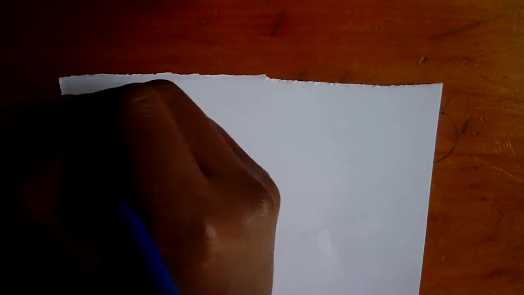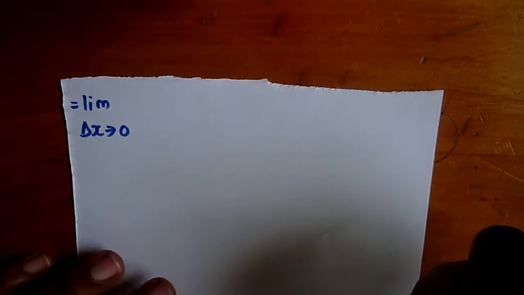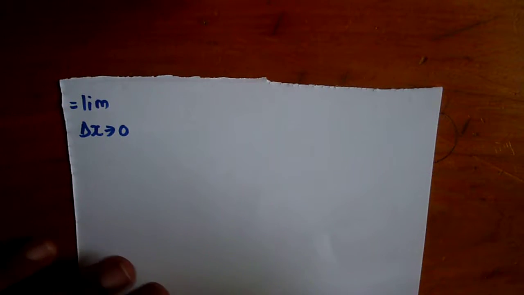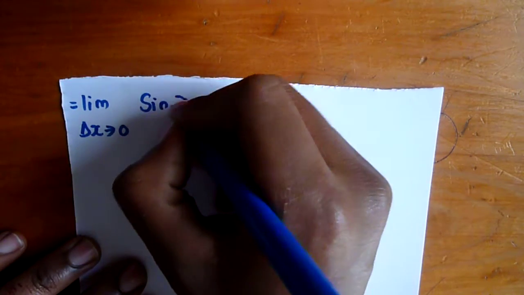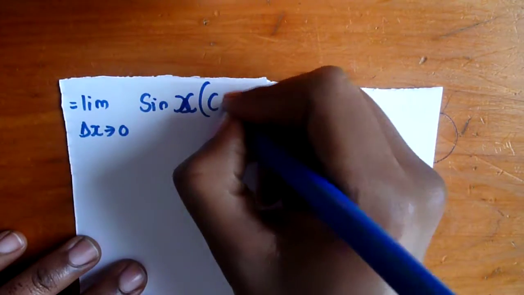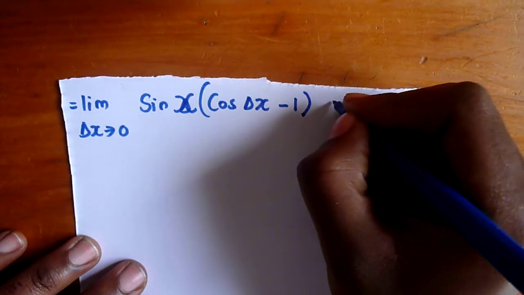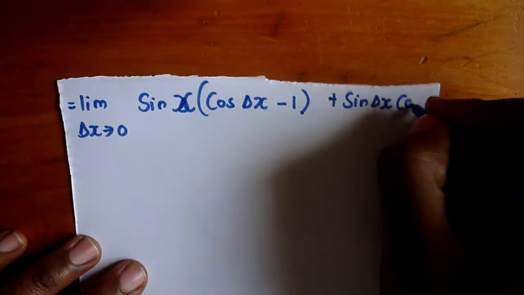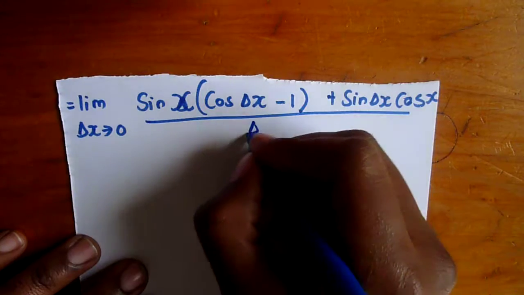So the limit, do not forget to write the limit, because most people do and eventually they forget to apply it, which we wouldn't like. So sine x into cos change in x minus 1, plus sine change in x cos x, all over change in x.